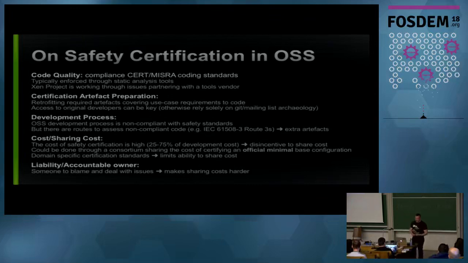Another thing around certification is you have to prepare a lot of artifacts all the way through the development process, from requirements all the way to how it gets implemented in the code. This is tough in an open source project because it's a lot about reverse engineering.